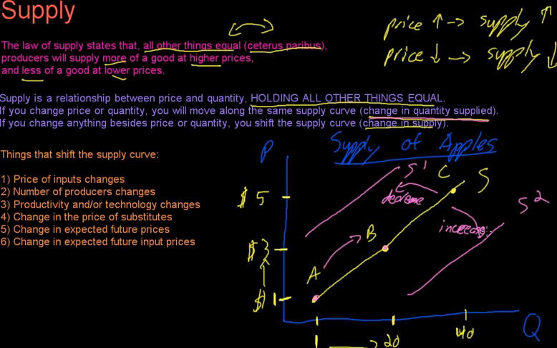And moving from A to B would be an increase in quantity supplied. I'll just write quantity supplied because I don't have too much space.